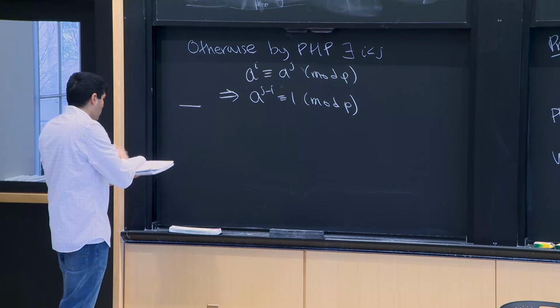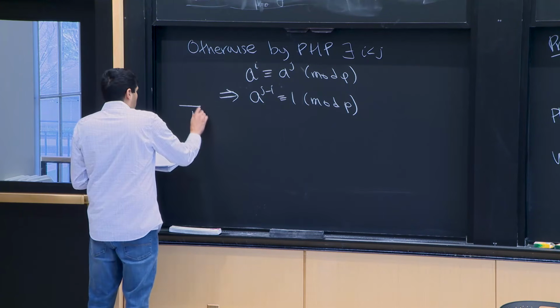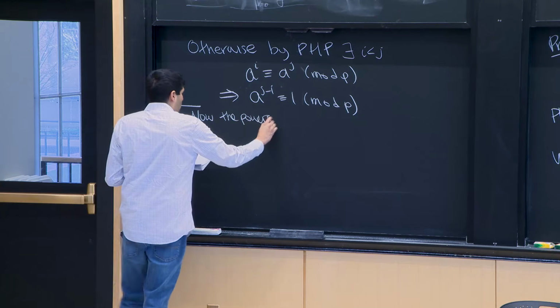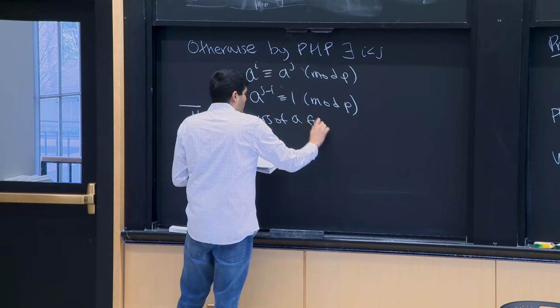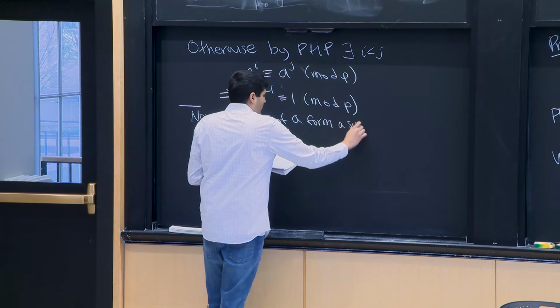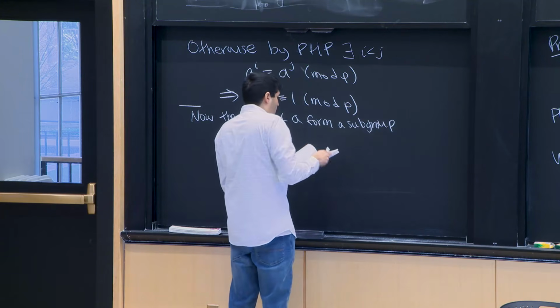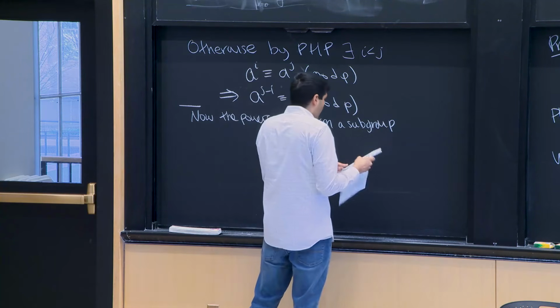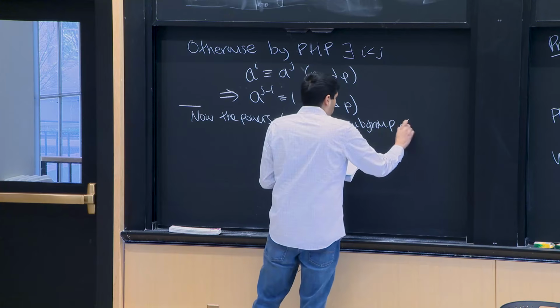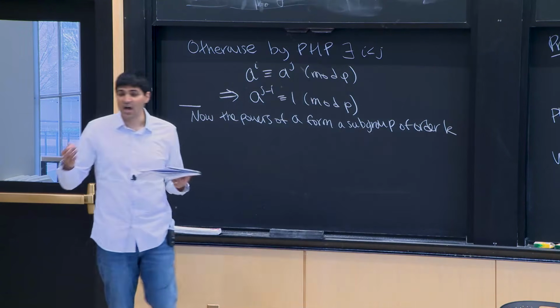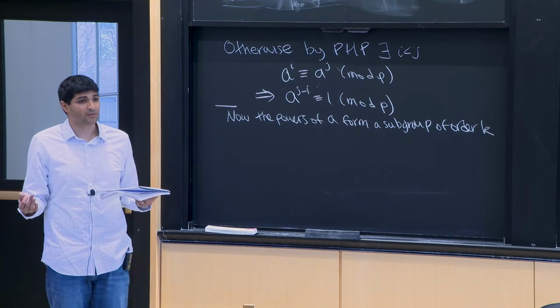And now, what I claim is that the powers of a form a subgroup. And what is the order of this subgroup? It's k, because that's the first time when I got back the identity element.